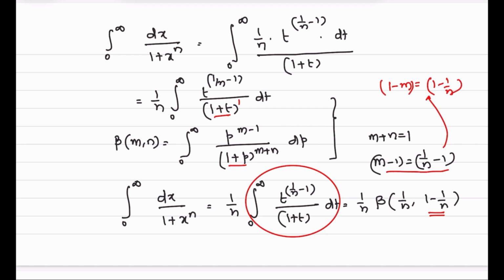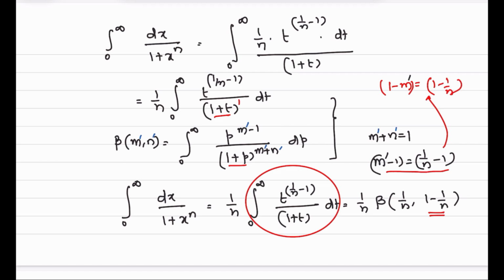And these two added together, to avoid the confusion, we can write it as m dash, n dash, p to the power of m dash minus 1, because a lot of m. m dash plus n dash should be 1. m dash minus 1 is equal to 1 by n minus 1.